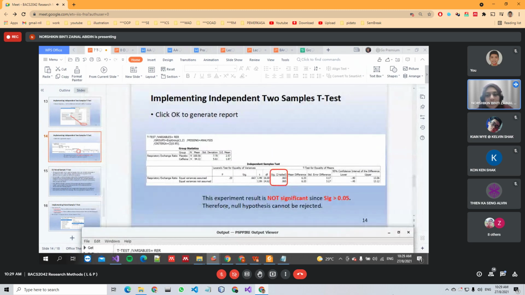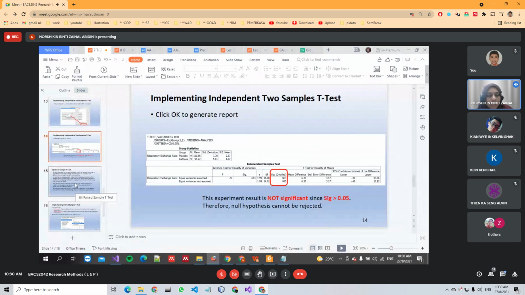So the experiment result is not significant since significance is greater than 0.05. Therefore, the null hypothesis cannot be rejected. The null hypothesis is that there's no significance between the variables, and it cannot be rejected because the significance is greater than 0.05.